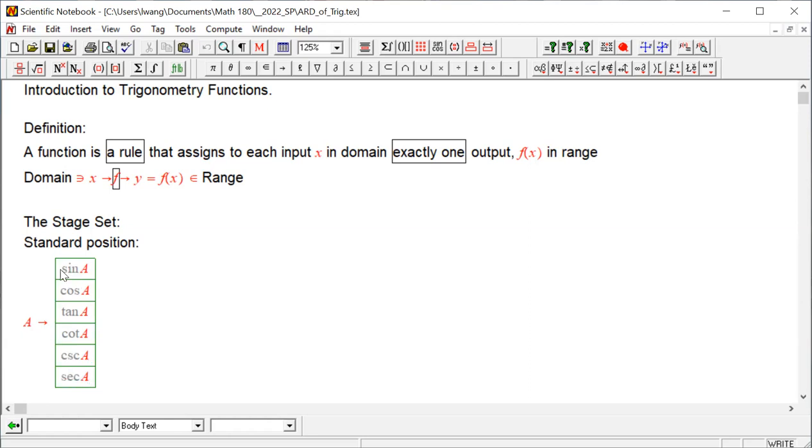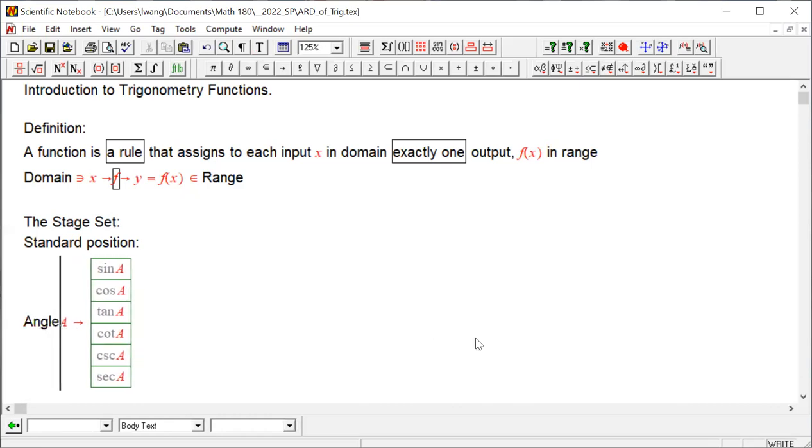All of these functions are going to take input. The inputs are angles. It's just an angle.